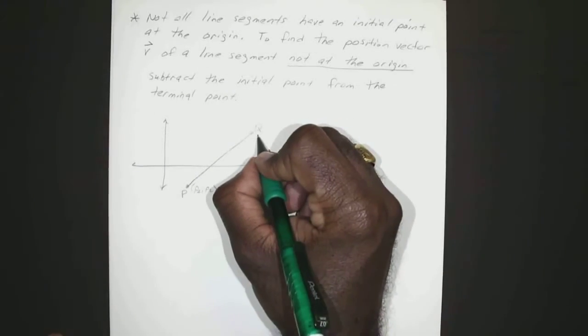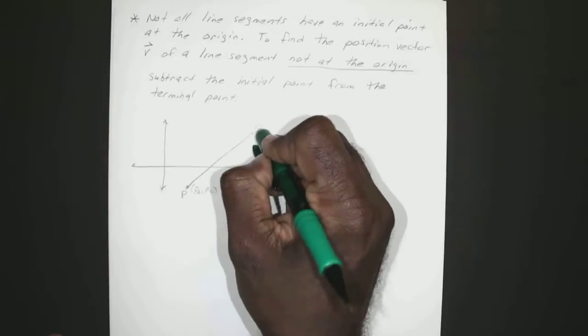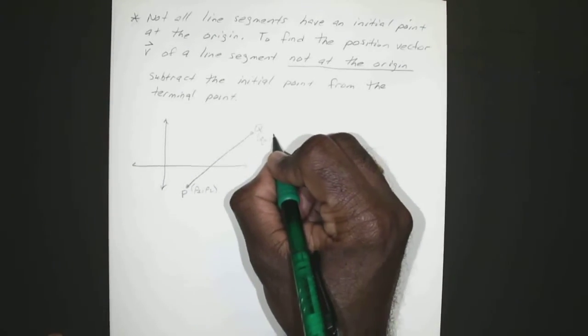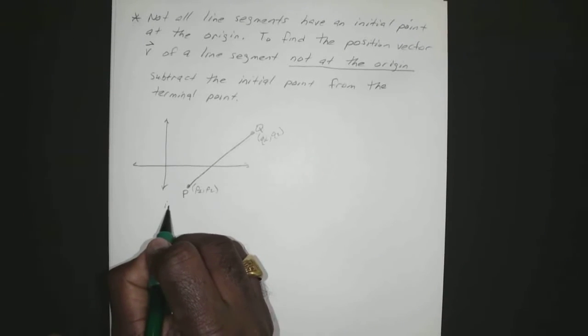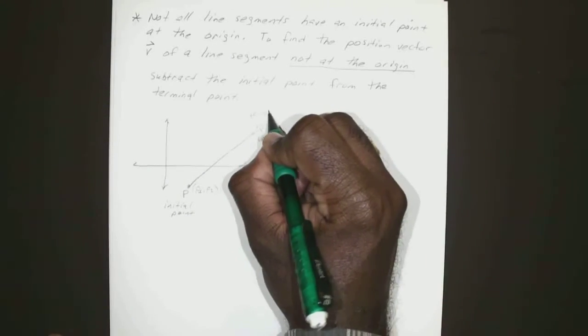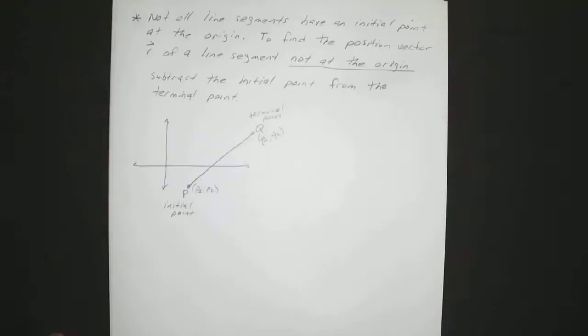And this is our, we'll make that a lowercase q. Q sub 1 and Q sub 2. So this is our initial point, and this is our terminal point. Okay.